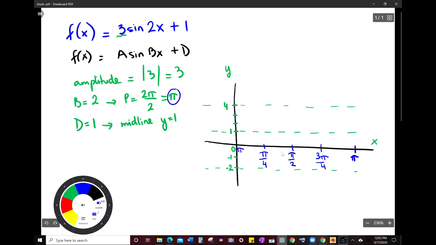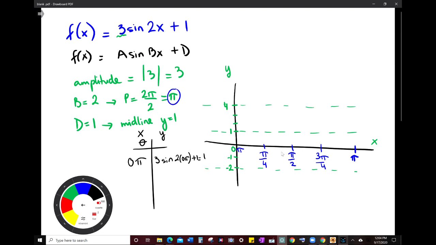Alright, and then we can work on the table. So with the table, you can create table x, which is the data, and y. And then first one, 0 pi, plug it in, we have 3 sine 2 times 0 pi, and then plus 1, and that will give you 1. Okay, so at 0 pi you get 1. And then if you go to the next one, it will be pi over 4.